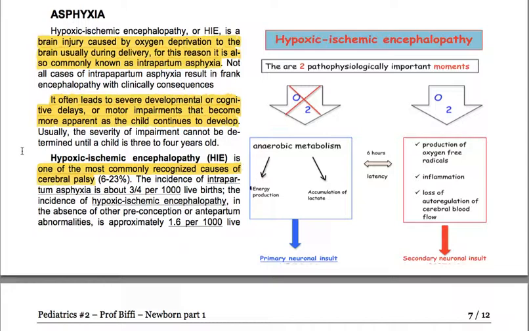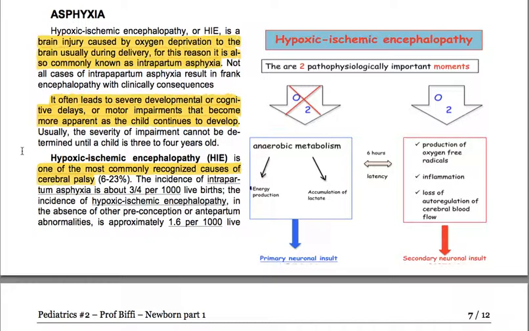Hypoxic ischemic encephalopathy is one of the most commonly recognized causes of cerebral palsy. The incidence of intrapartum asphyxia is about 3 to 4 per 1,000 live births.